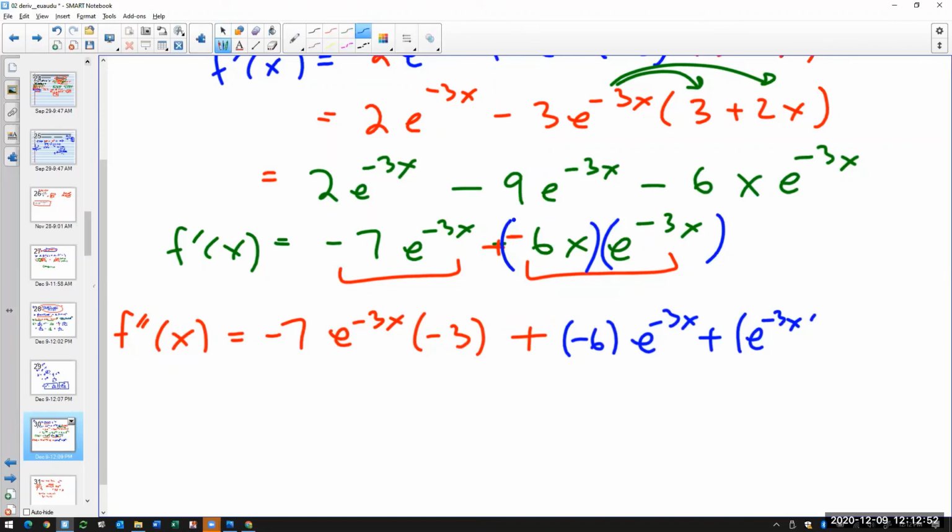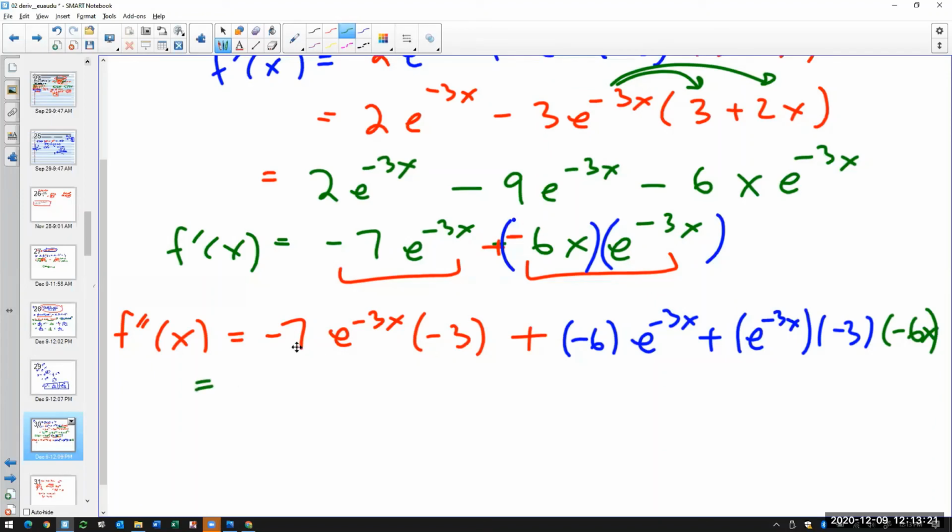So e to the negative 3x times the derivative of your exponent. And then remember, this is product rule. So the derivative of the first times the second plus the derivative of the second, which is this whole thing. And don't forget to multiply by the first. When I made this a negative 6x, it was better than leaving a negative and having to distribute when I was done. That's my opinion anyway.